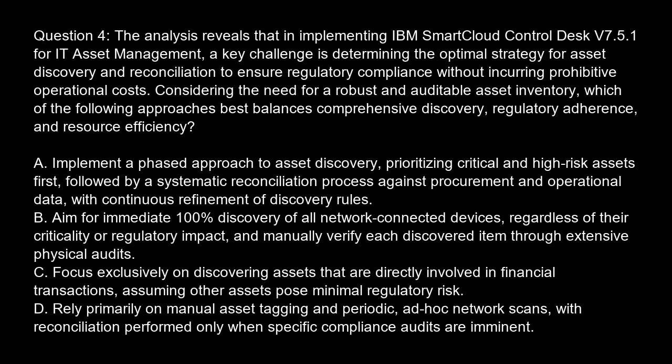Option C. Focus exclusively on discovering assets that are directly involved in financial transactions, assuming other assets pose minimal regulatory risk. Option D. Rely primarily on manual asset tagging and periodic, ad hoc network scans, with reconciliation performed only when specific compliance audits are imminent.